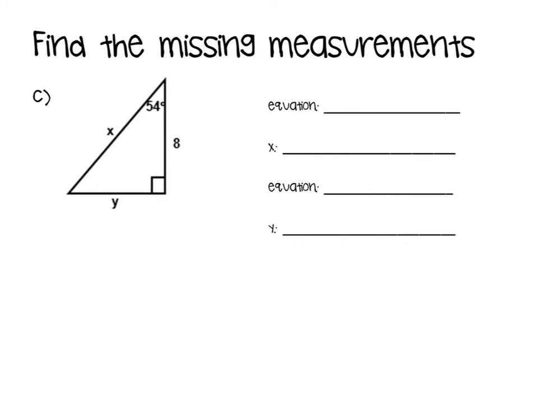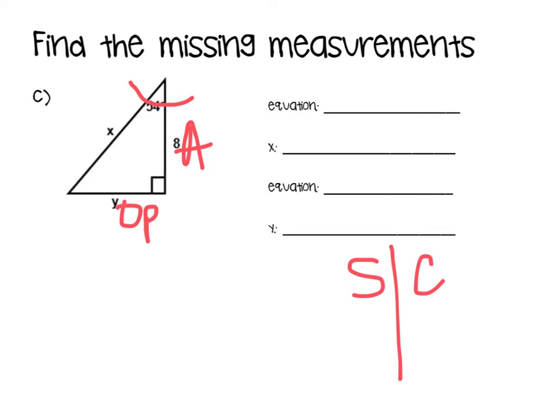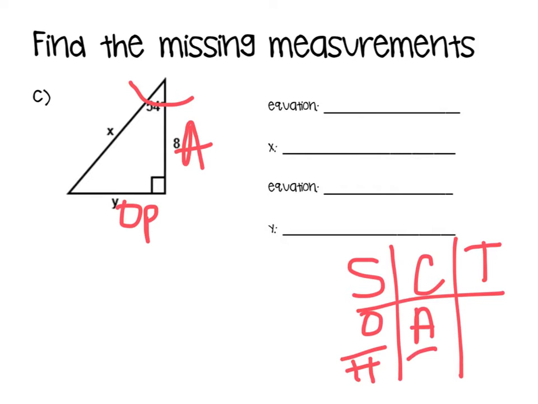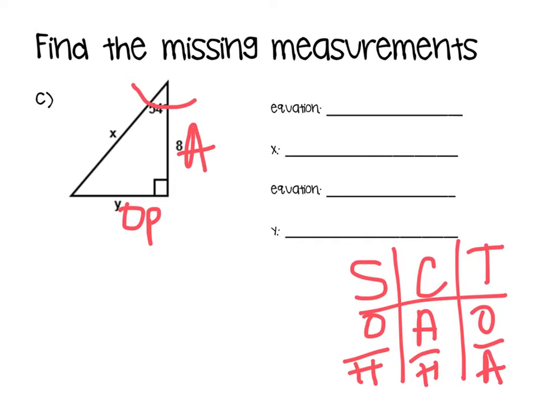The y value. Again, we have our adjacent, and now we're looking for our y value, which is right here. And that's our opposite. If you remember our trig table, you'll remember that you have your opposite and your adjacent, and so then we use the tangent trig function.